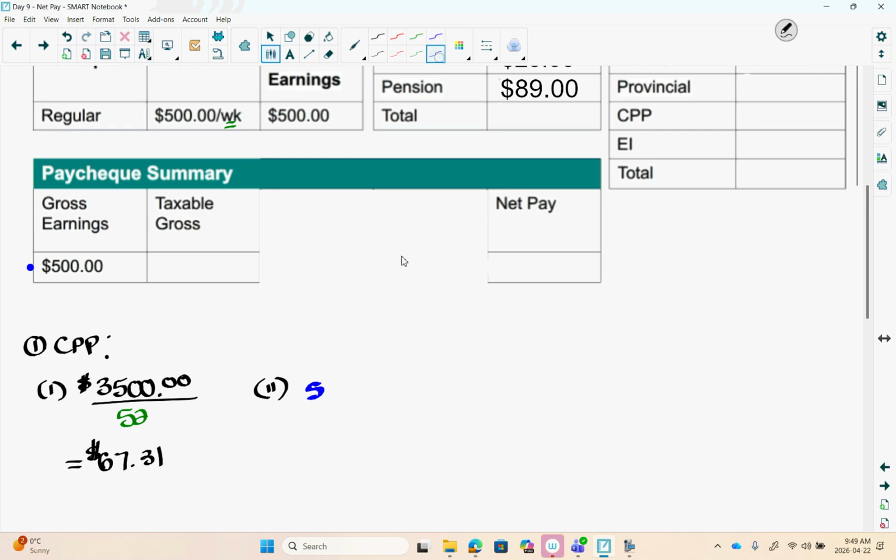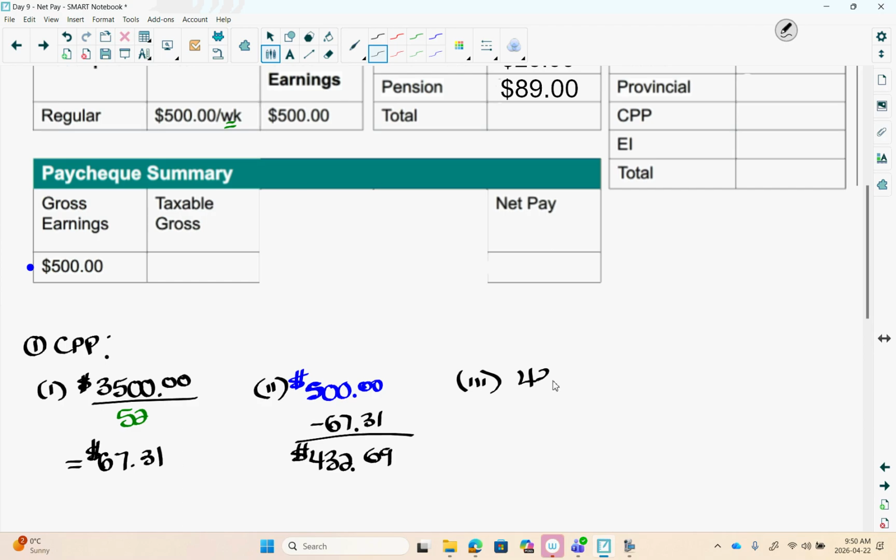And I subtract the $67.31, the answer you get in step one. $500 minus 67.31 gives you $432.69.